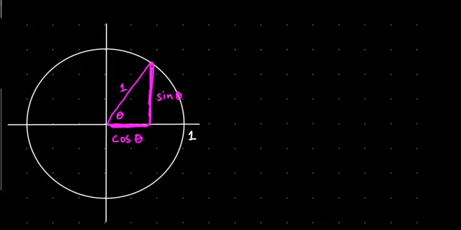So what you might ask is, what if I have some triangle that has the same angle theta, and it's 90 degrees there, just like our first triangle was? How does that relate to the sine and cosine in our unit circle?